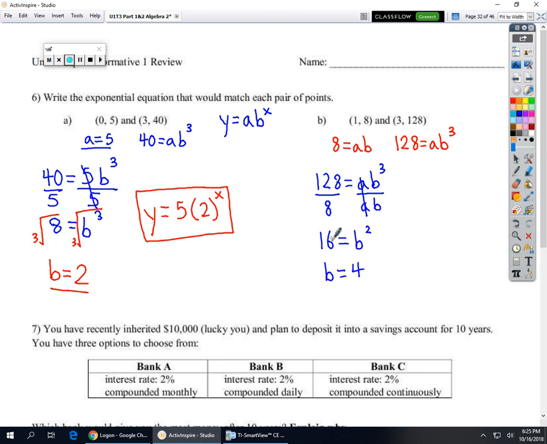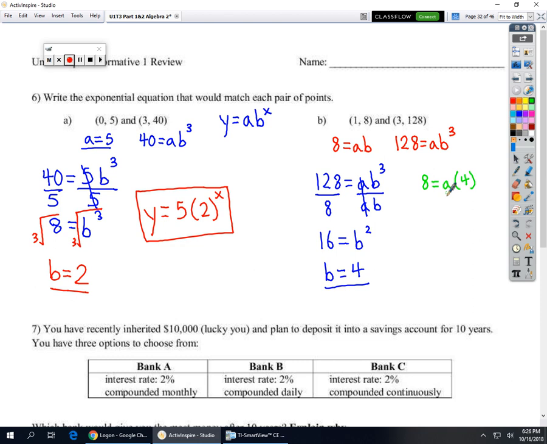Well, I have my b value. I still need to find my a value. Why don't I use the first equation? You could actually choose any equation, but please, you want to use the one that's easier. So let's use b equals 4 with the first equation. So 8 equals a times, and instead of b, we're going to put 4. So I have a times 4.